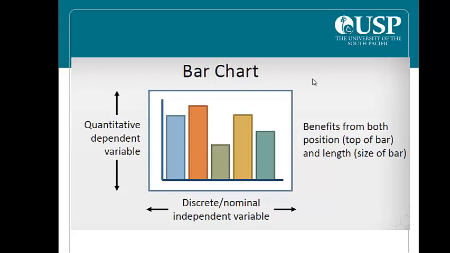It doesn't really help the user, the person that you're showing the information to. It doesn't help them to distinguish between the bars. So maybe only do like 10 different independent variables, and then you'll have some kind of numerical, which is the quantitative part, variable on the side that depends on this one.